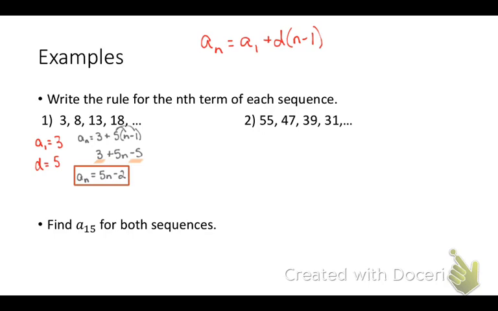Do the same thing for 2. Do you notice what's common? Where did that number come from? Where's the 5 also at? Yeah. Okay. Whatever your difference is, it needs to be the same number that's in front of the n.